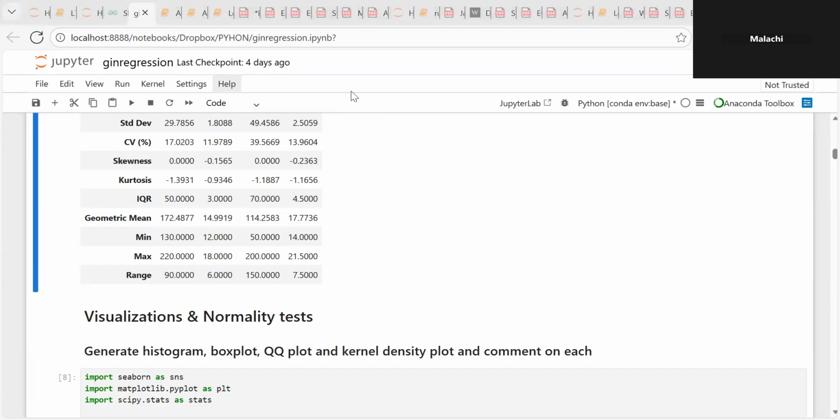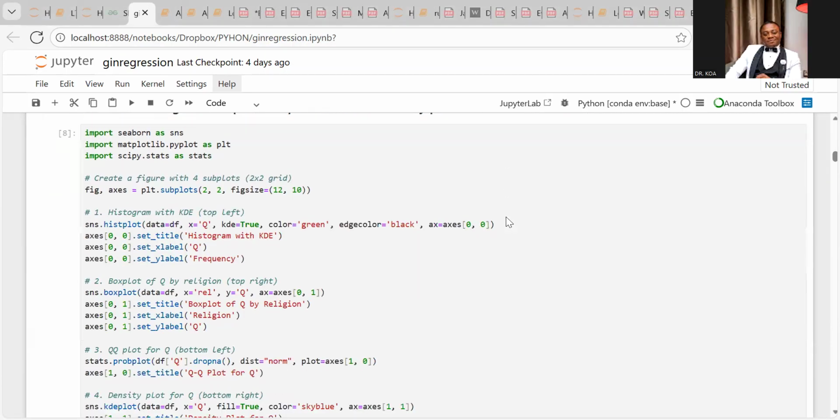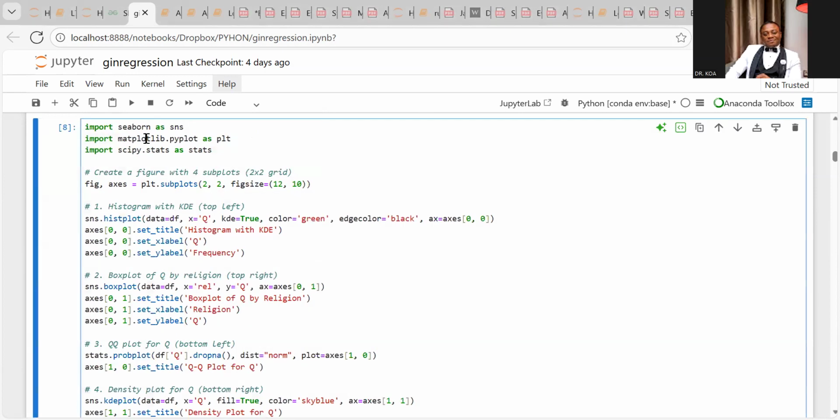So now let's quickly look at visualizations. In your project, you do these things. You do visualizations. There are multiple visualizations you can do, but the major ones are the ones I want to show you. There's a library known as Matplotlib, PyPlot.